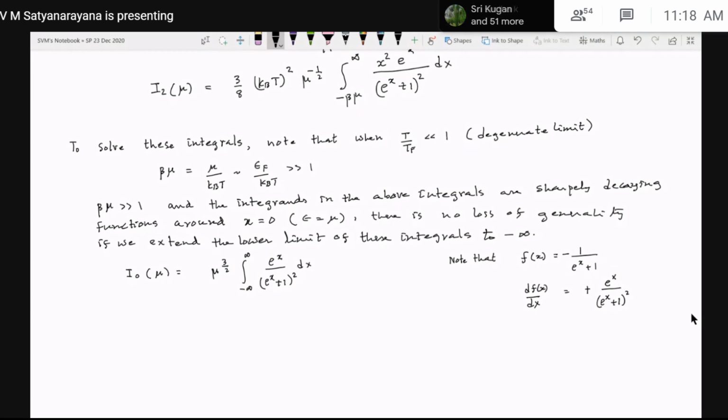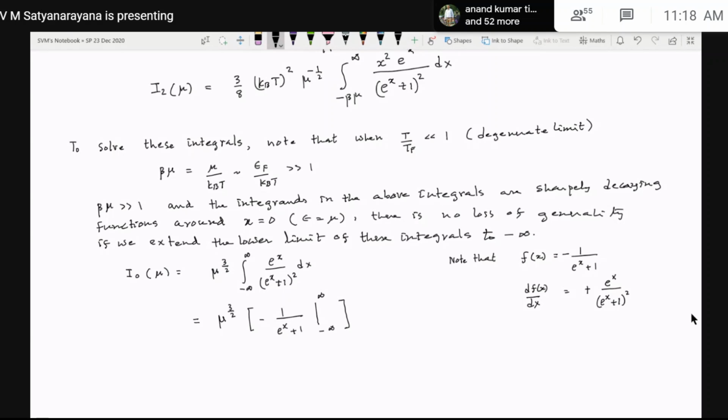So this integral is like mu to the power 3 by 2 into minus 1 by e to the x plus 1, evaluated from minus infinity to infinity, because this is a derivative of this function.